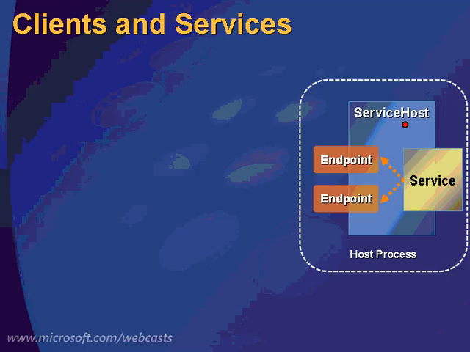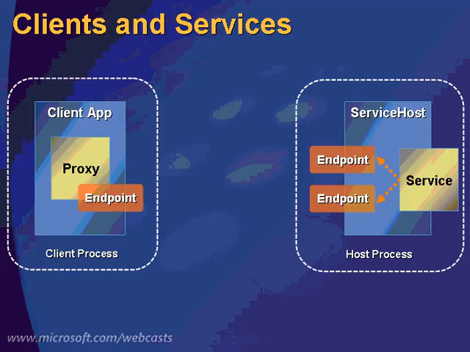And once you host the service inside a process using the service host type of WCF, you expose either one or more endpoints, and that is where clients will be able to consume the service. So what's important about an endpoint is that it describes the operations available to the service at a particular address. And so when a client goes to consume a service, usually we generate.